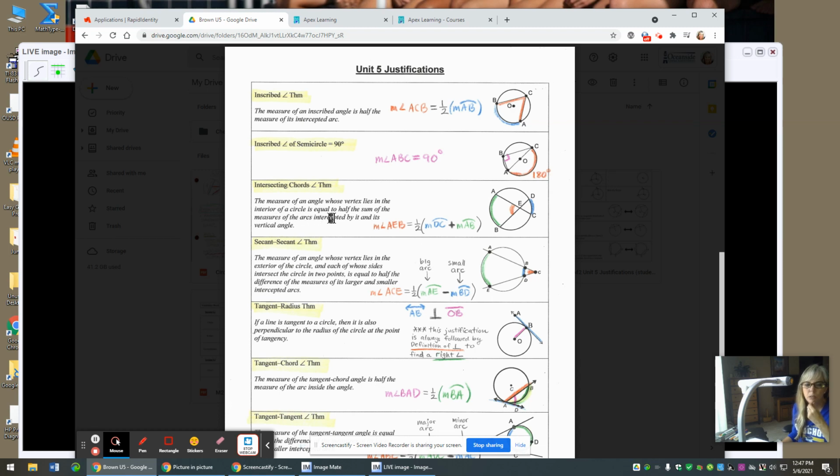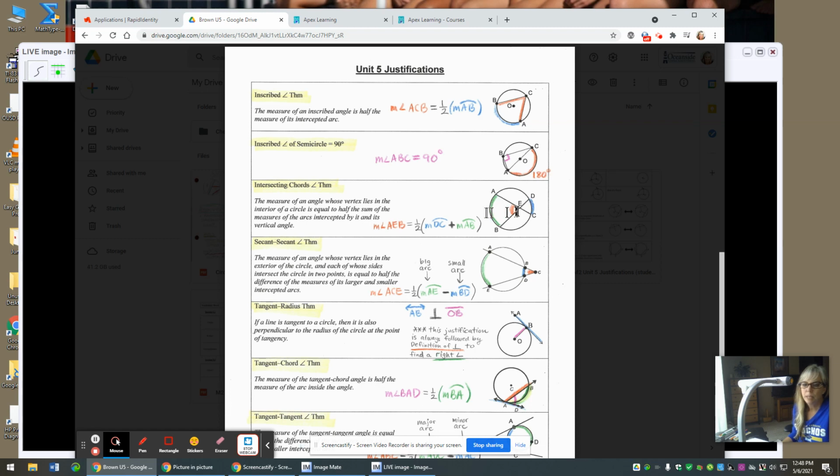It's equal to half the sum of the measures of the arcs. Oh, this is wordy. Intercepted by it and its vertical angles. Wow, like what? It's not that hard. It's hard to read because it's just a lot. But here it is. If we have this arc and we have this little arc over here, these arcs are created by these two intersecting chords.